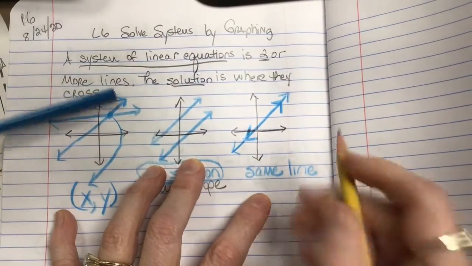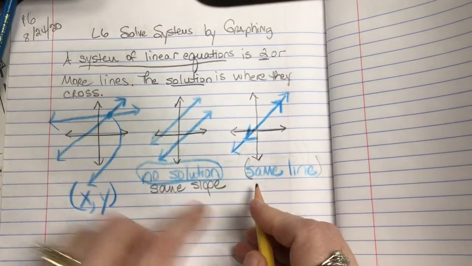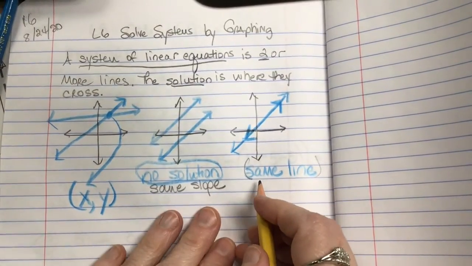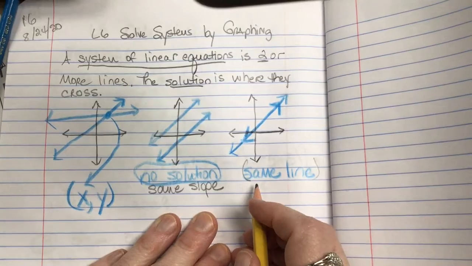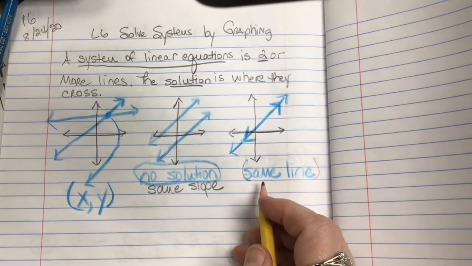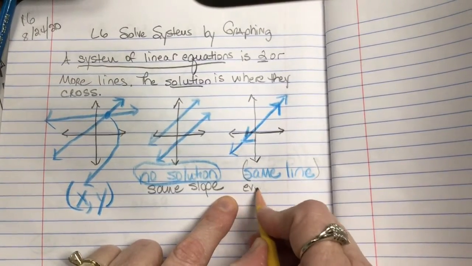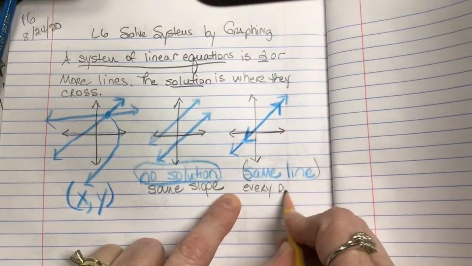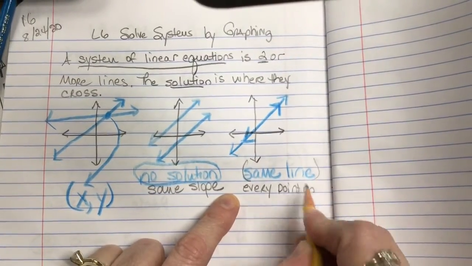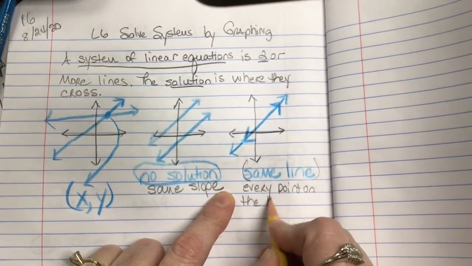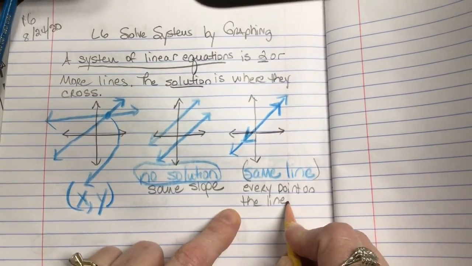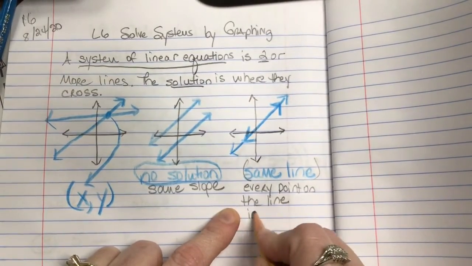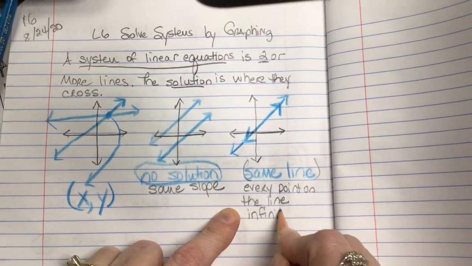So the solution is where? Where do they cross? The whole line. Every point on the line. So the way we say it is infinite, because there's infinite points on a line, aren't there?